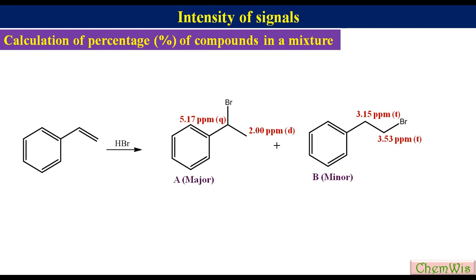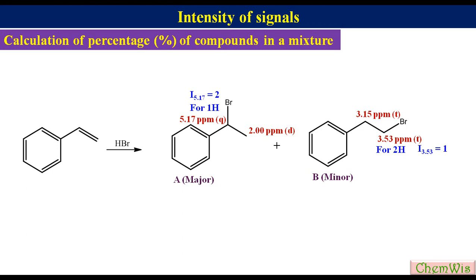The signal at 5.17 ppm is for one proton having relative intensity 2. The signal at 3.53 ppm is for two protons having relative intensity 1.